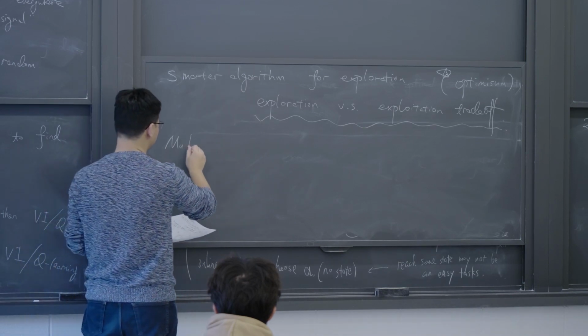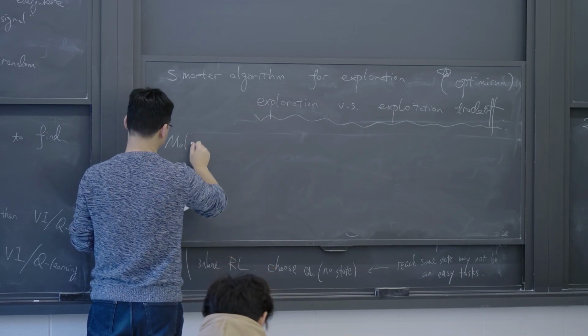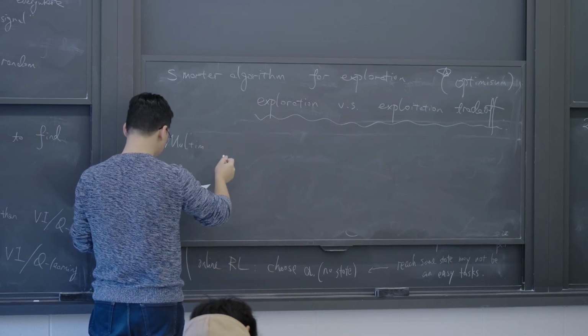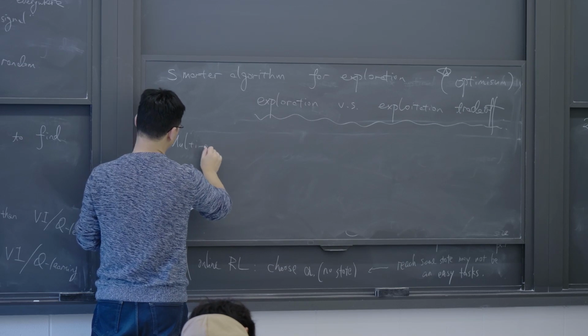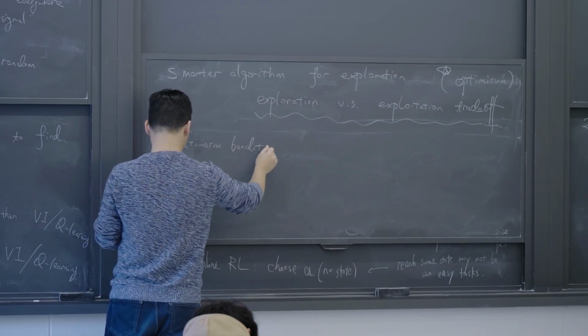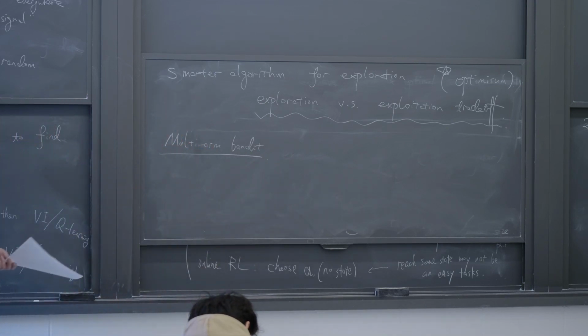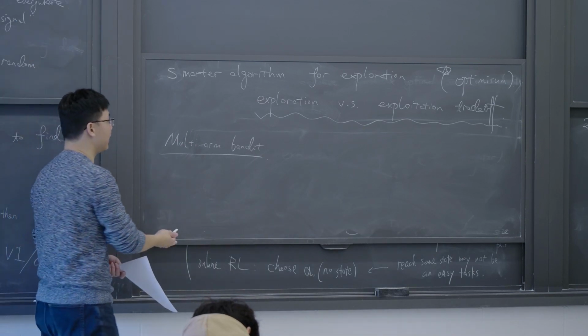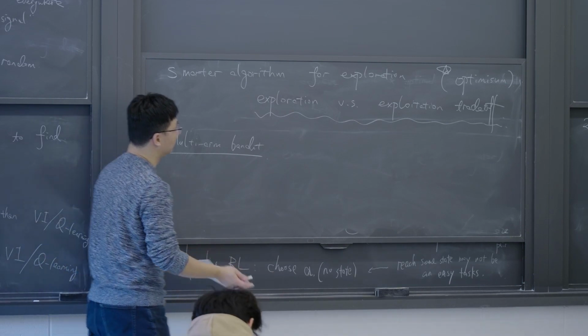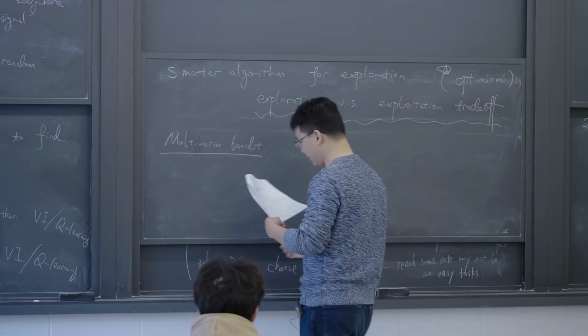That is the multi-arm bandit, essentially the first model we introduced in this lecture. This entire literature really focuses on this trade-off, and optimism is a key idea we borrow from it.